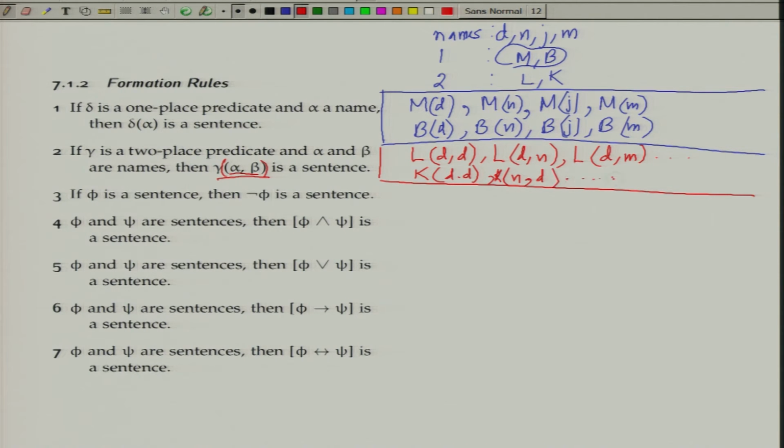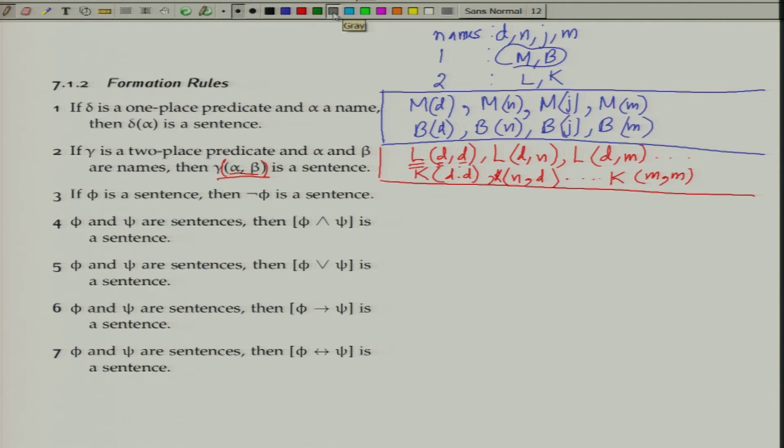So the point is, this must be a 2 place predicate, and this must be a name, and this must be a name, and 2 things must be there. So if we follow these rules, we can make all these things. Just follow the rule and make things. And then you have the third rule, that is, if phi is a sentence, then negation phi is a sentence.